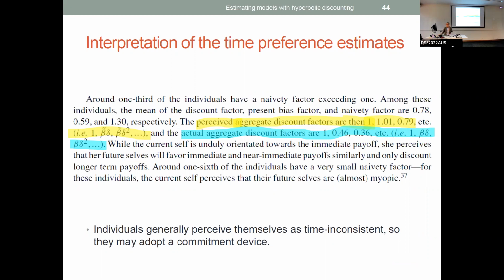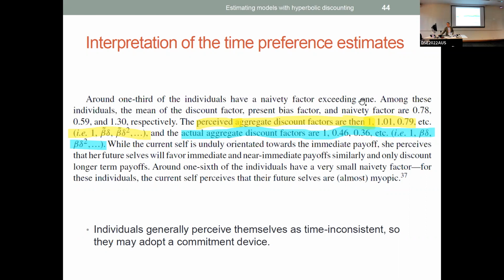It seems ridiculous, but when I think about how things are discounted, you need to look at the aggregate discount factors, which is beta delta square, beta delta cube, and so on. So with a naivety factor exceeding 1, you actually have the perceived aggregate discount factor to be beta tilde times delta, and delta is less than 1 for these individuals.